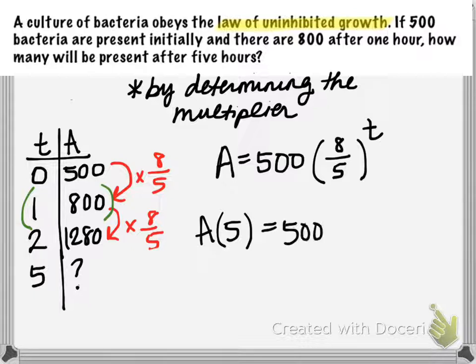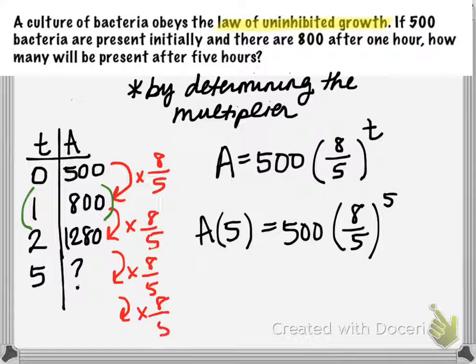So you'll be inputting 500 times 8/5 raised to the 5th power, which hopefully makes sense to you, because if we go back to our work in the table, we were saying that we would repetitively multiply by 8/5 over and over again until we eventually got to the time value that we wanted. So you could see, okay, we would look for a time of 3 and we'd have to multiply by 8/5 again.